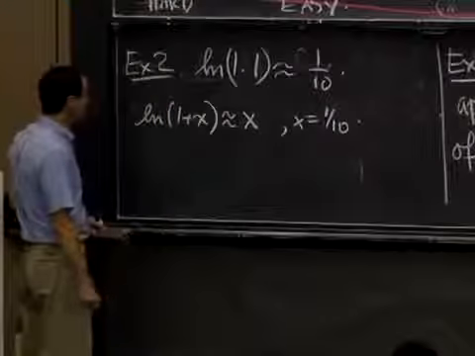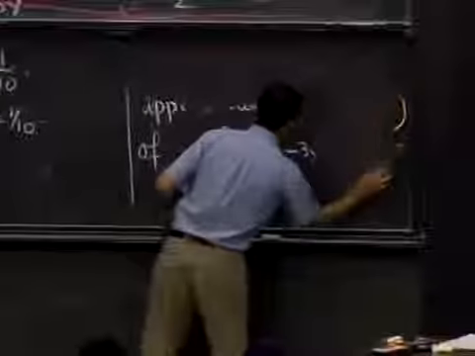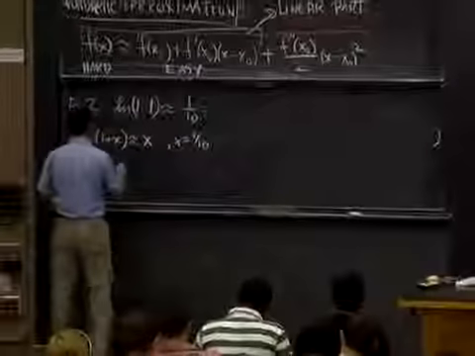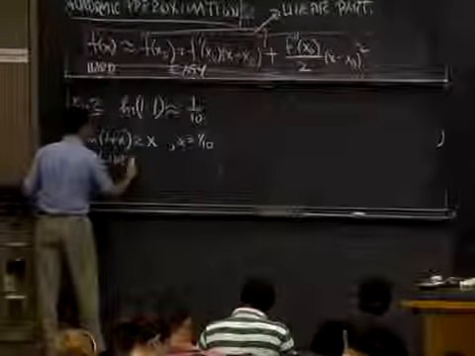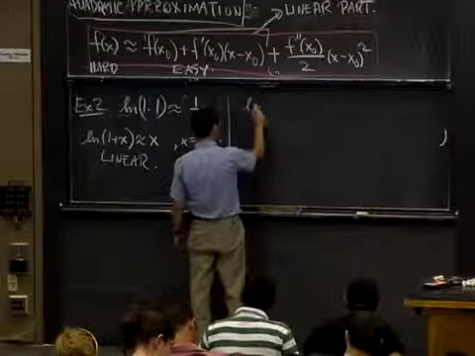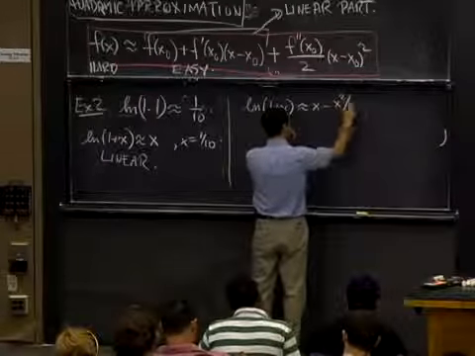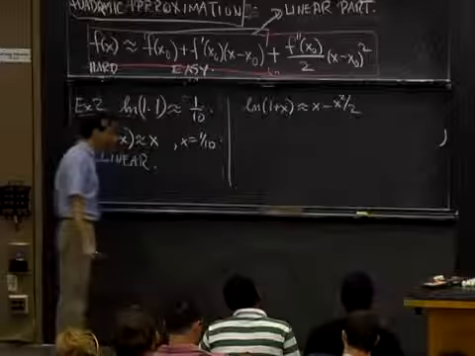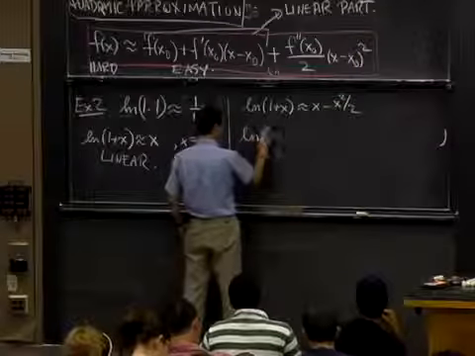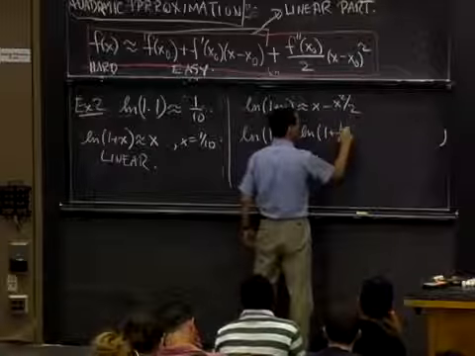If you do it with this example here, just to give you a flavor for what goes on, this is the linear version, and now I'm going to compare it to the quadratic version. So the quadratic version turns out to be this. That's what turns out to be the quadratic approximation. And when I use this example here, this is 1.1, which is the same as log of 1 plus a tenth, right?